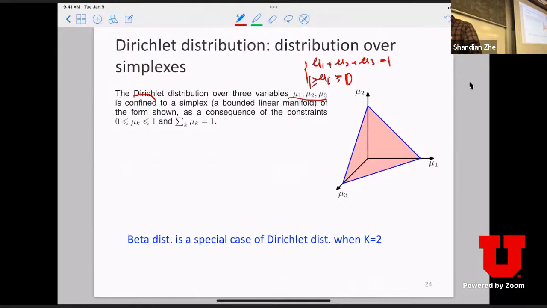For the 3-dimensional case, this domain, or support, is actually a simplex. A simplex is just a subset of a plane where each point satisfies this probability constraint.